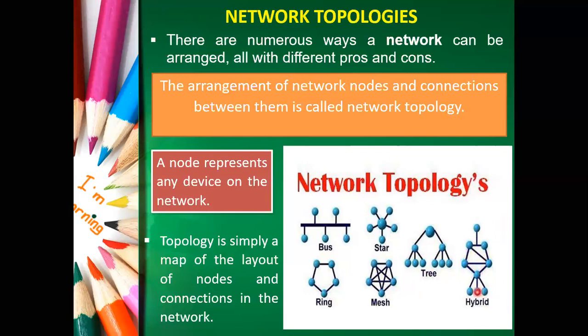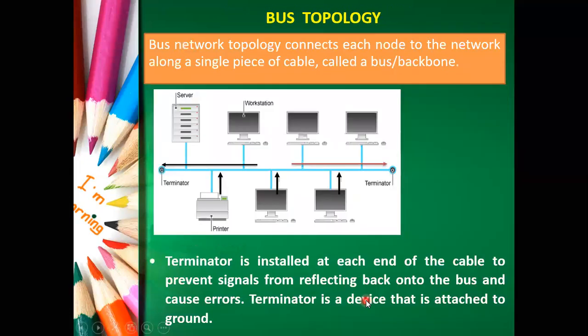Then there is a tree layout and tree design as well. So this type of topology is called hybrid topology. We will discuss in your course only 4 main types of topology, that is bus, star, ring, and mesh topology.